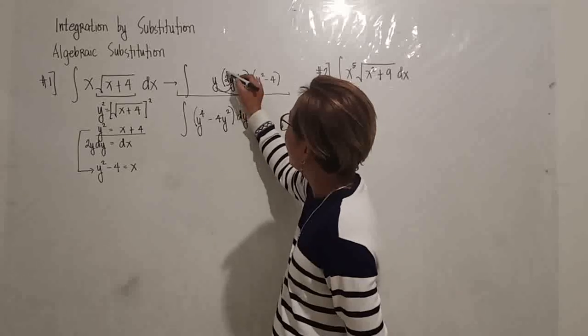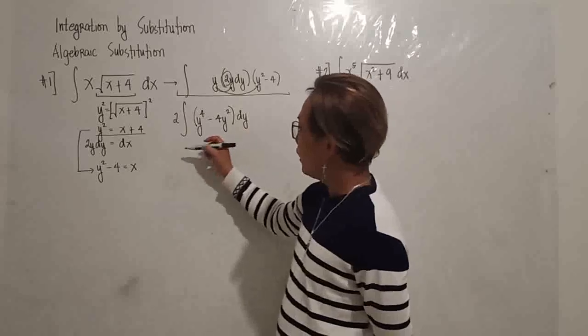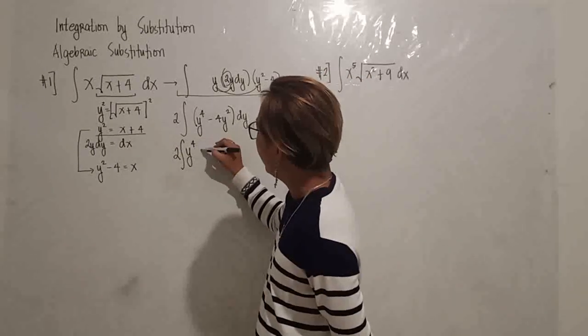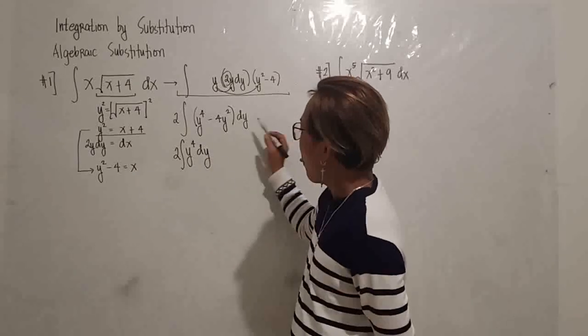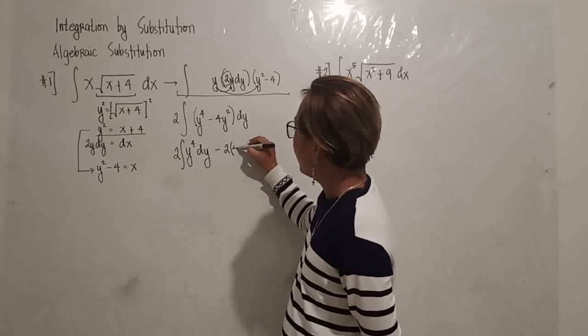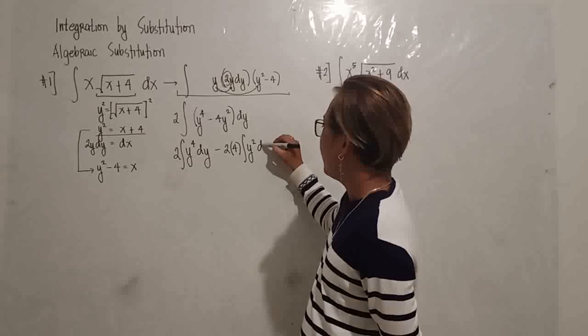Then you have your constant 2 na pwede mong ilabas. You will now have the integral of 2y raised to 4 dy, then minus 2, then the constant 4, then the integral of y squared dy.